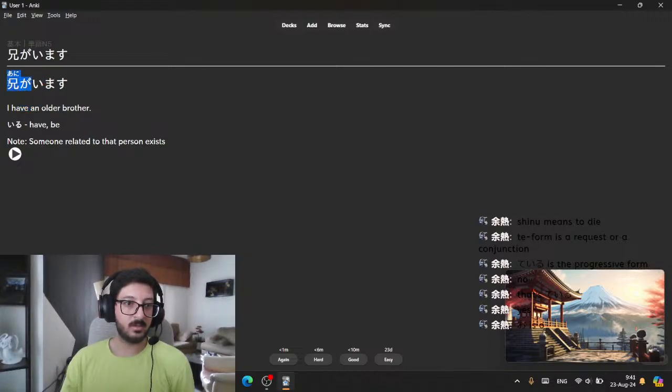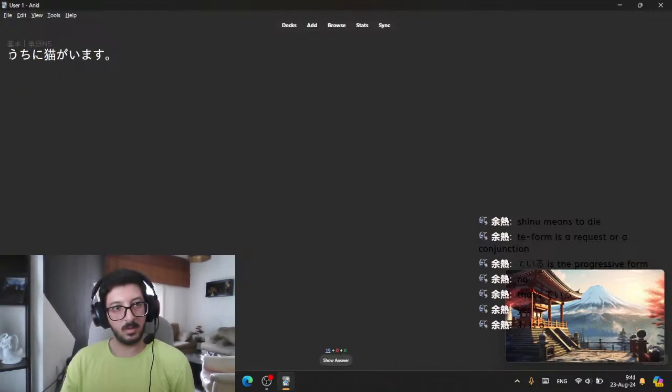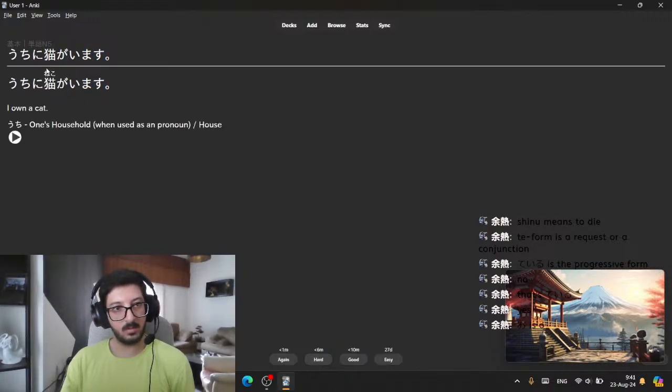Ani, no, ga is the flag. Flag the previous one. Imasu. Iru, have. Okay. Uchi ni ga imasu. うちに猫がいます。Neko, cat.